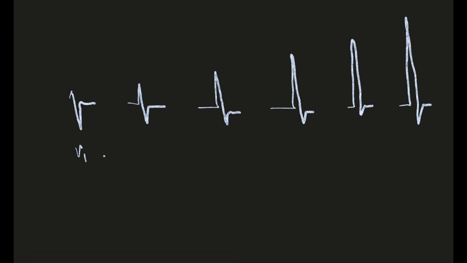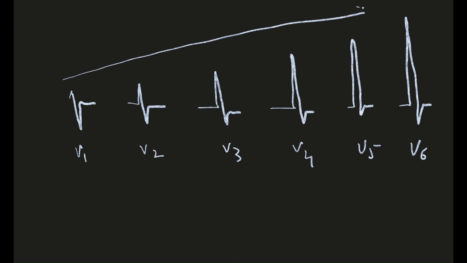For example, I label it V1, V2, V3, V4. Sorry, it's V4, V5, and V6. You can clearly see that there is a pattern of R wave progression towards the upper side, towards the more positive deflection.